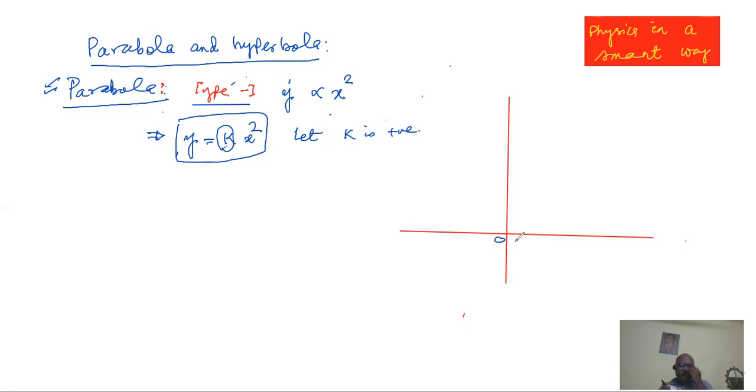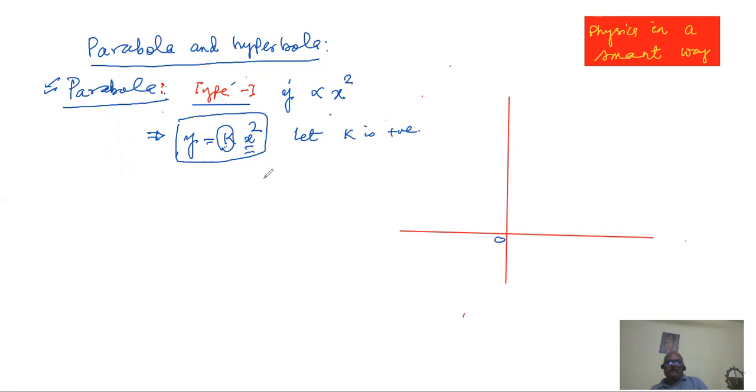Here, we are going to use common sense, y equal to kx square. Let k be positive. You may think of a simple value of x, that is 2, 3, or 4, or 1 by 2, or 1 by 5, something like that. We know in this case we have not got any restriction on the value of x.